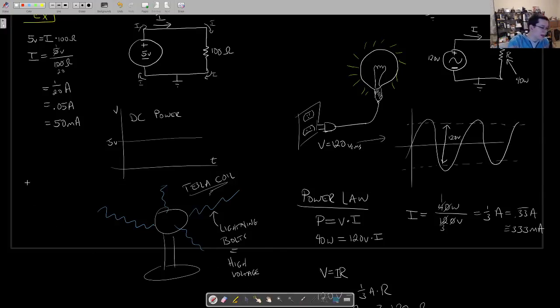You can think of it as water going over a waterfall. So if you've got a cliff, a waterfall or something, then voltage is analogous to the height of the waterfall. V is analogous to height.